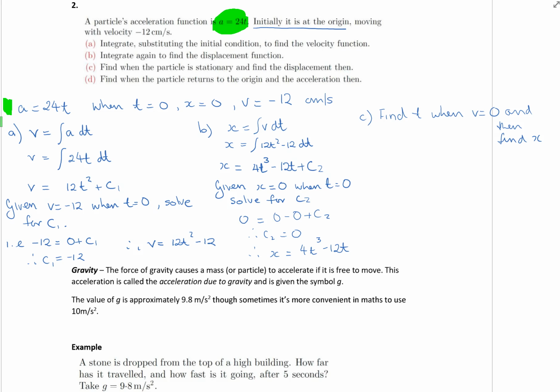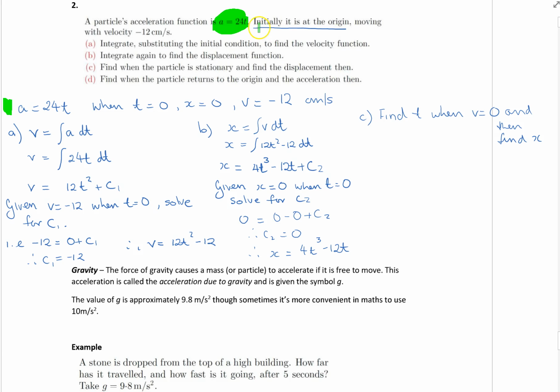And to be honest, if you've read that introduction to this question and you didn't realise that was something you should have acknowledged and be aware of, then I would say that you're missing some really important information. It goes on to say, initially it is at the origin. And again, these are not words you can ignore.